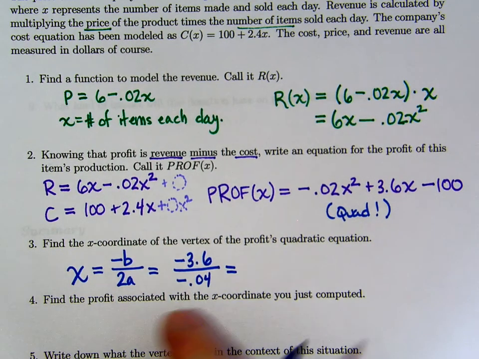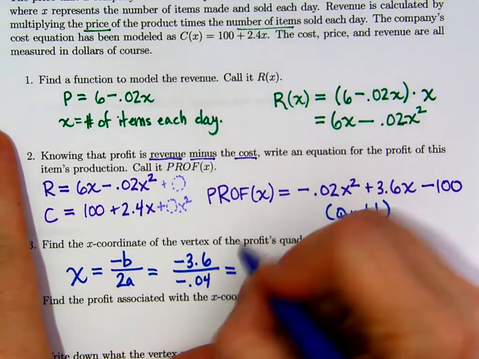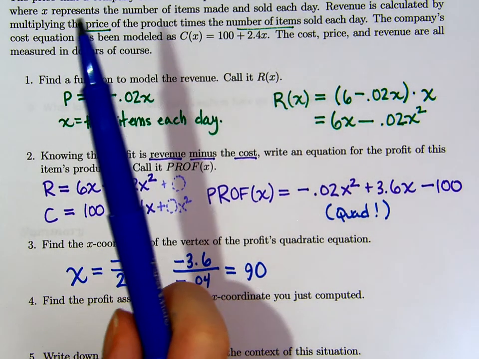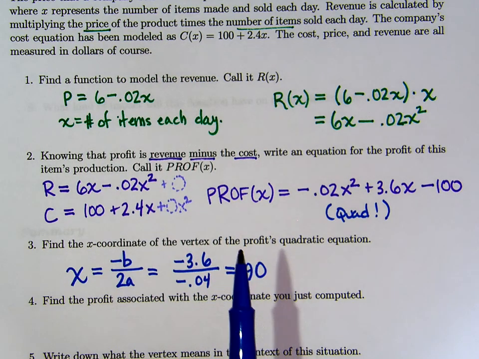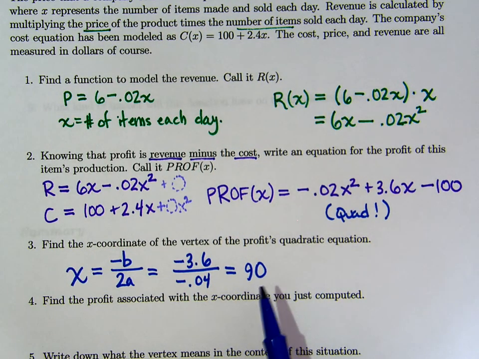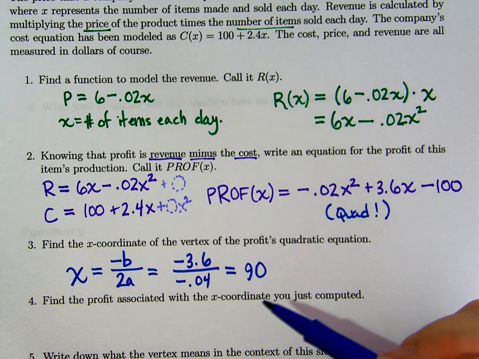So negative 3.6 divided by negative 0.04, and I get 90. That's going to be our peak profit, so that should be the number of items made and sold each day. That should be our goal in order to maximize our profit.